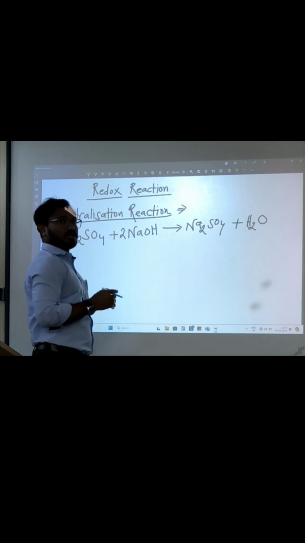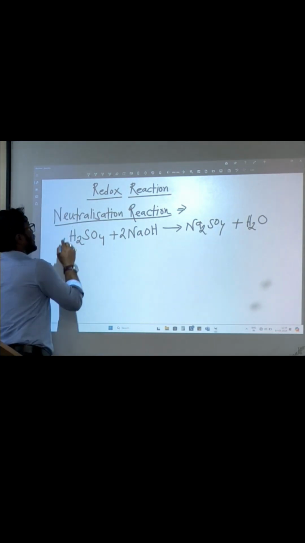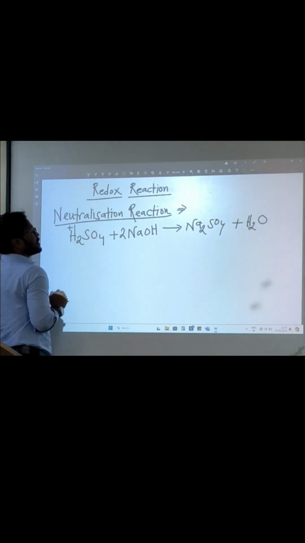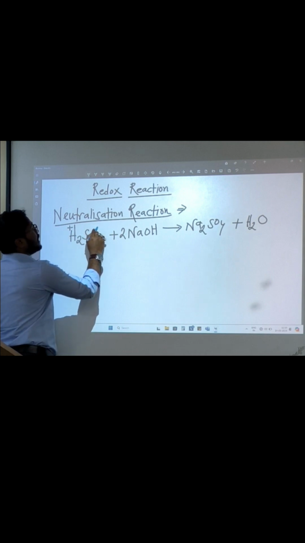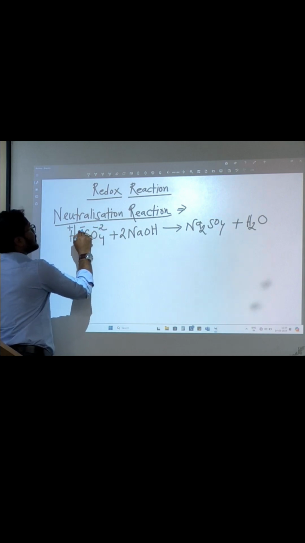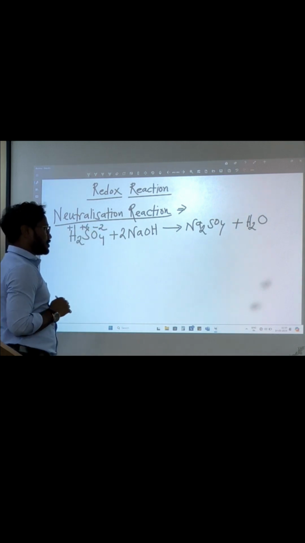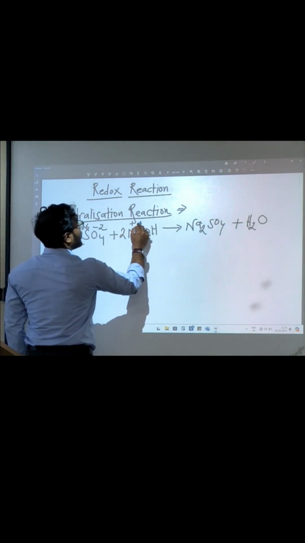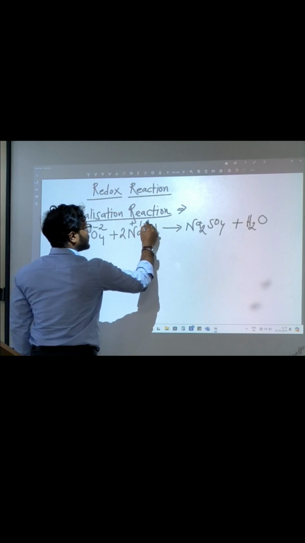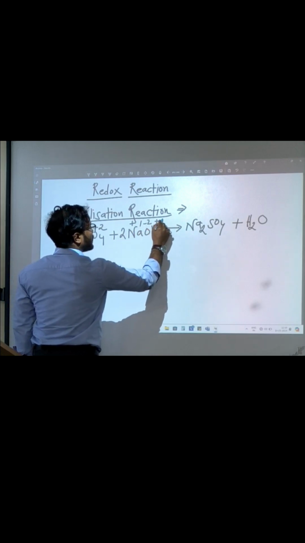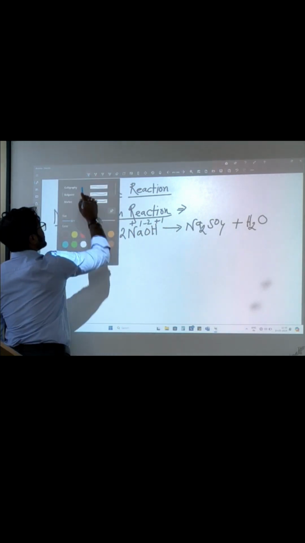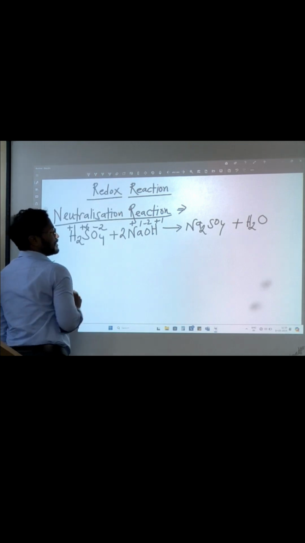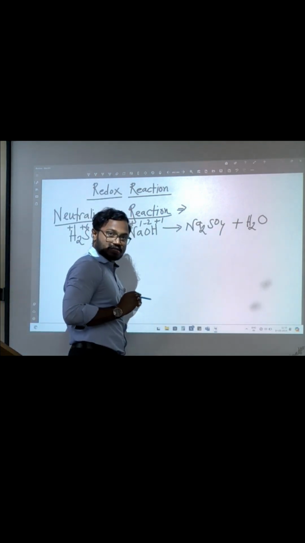In this reaction, we can find that hydrogen is in +1 oxidation state, oxygen is -2, and sulfur is at +6. In NaOH, sodium is +1, oxygen -2, hydrogen +1. These are the oxidation states of the elements. Let's find out the product side.